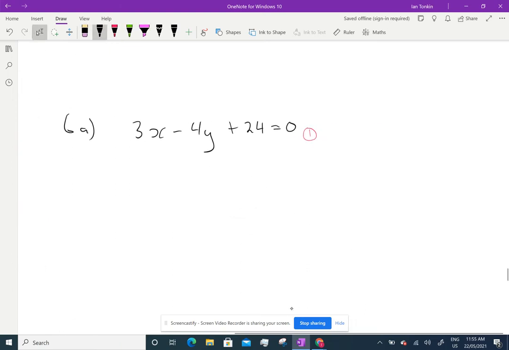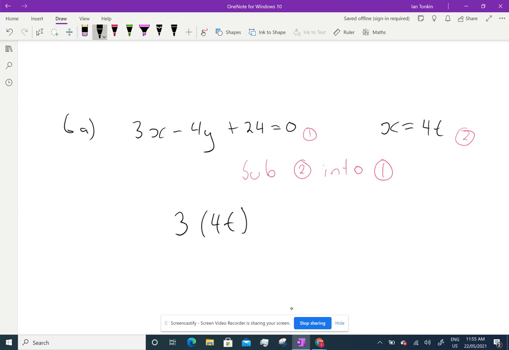And then they say, well, why don't you use x equals 4t? Now, that's arbitrary. Someone's decided to do that. There's probably a very good reason. It might help out with something. But anyway, so all we do, we sub 2 into 1, and we'll get the y in terms of t. So I get 3 times 4t minus 4y plus 24 equals 0.